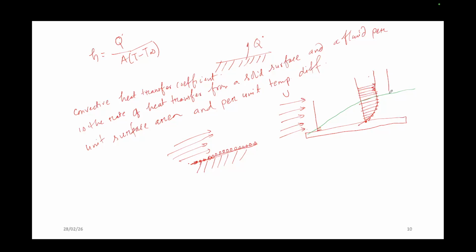Sometimes this profile could be like this also; these types of profile you will also observe. It may increase or it may decrease. So based on this profile, this boundary layer is forming. It is basically a layer up to which you will observe this gradient. Okay, this is known as the boundary layer.